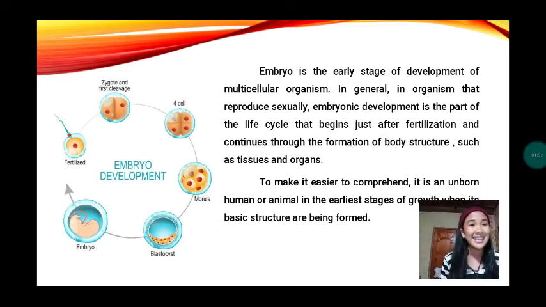In organisms that reproduce sexually, embryonic development is part of a life cycle that begins just after fertilization and continues through the formation of body structures such as tissues and organs. To make it easier to comprehend, it is an unborn human or animal in the earliest stage of growth when its basic structures are being formed.